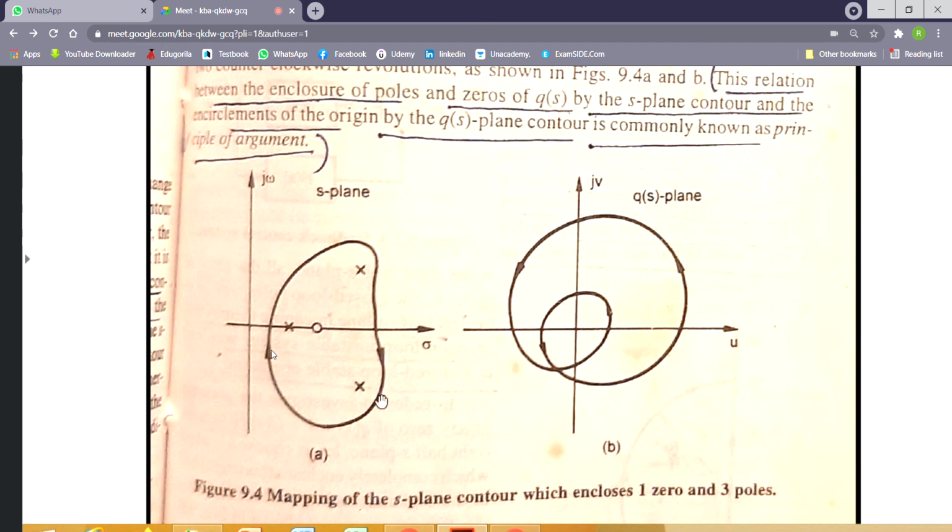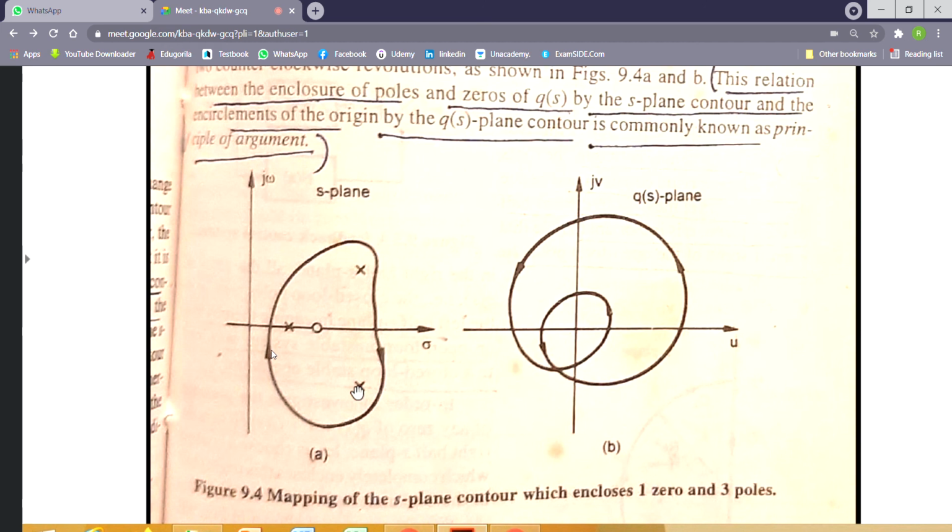For the zero, the net change in angle will be minus 2 pi, and for these three poles, the net change in angle of QS will be 3 into plus 2 pi.